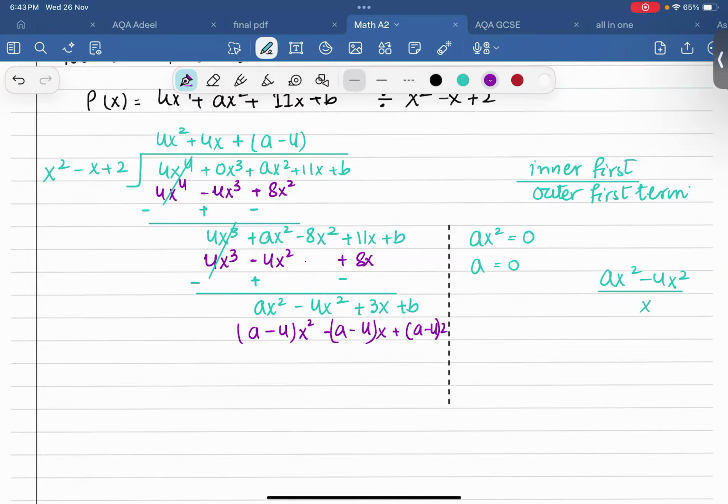Clear? When I put the negative sign, this becomes negative, this positive, this negative, right? And let's solve.